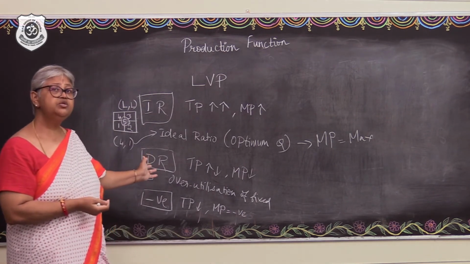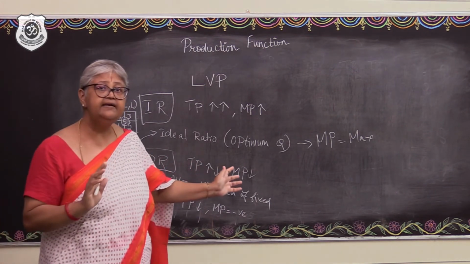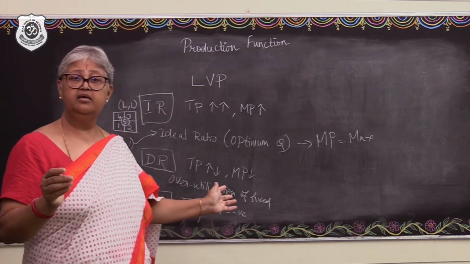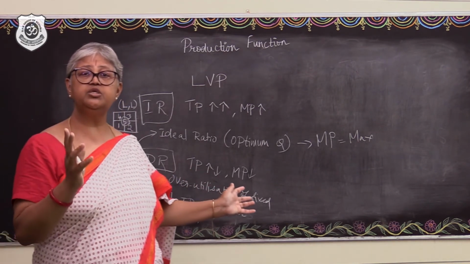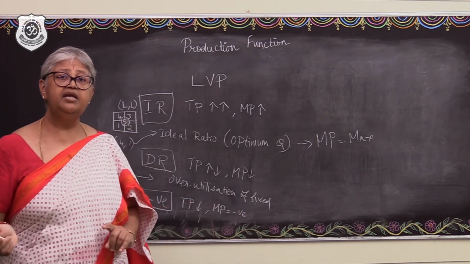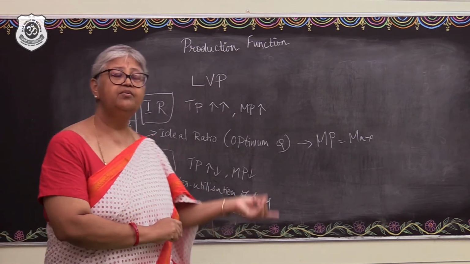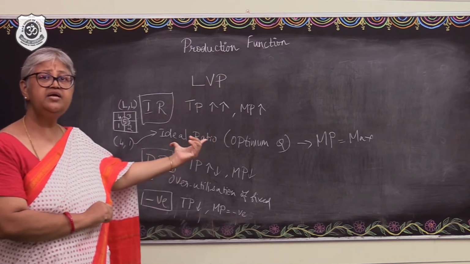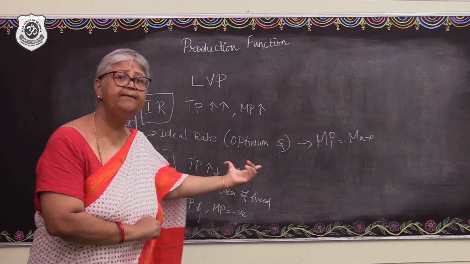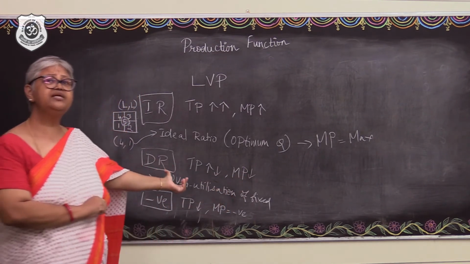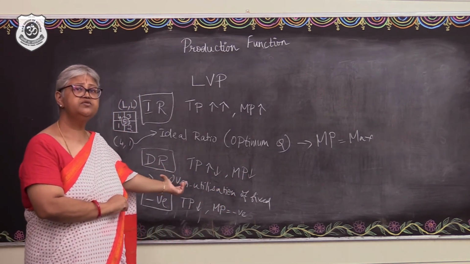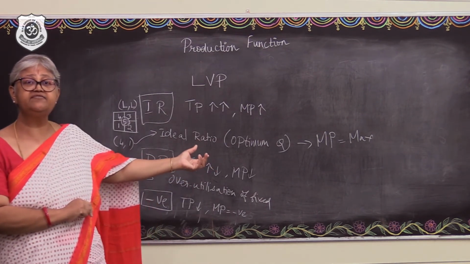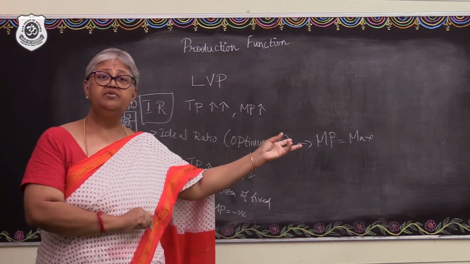That was the ideal ratio. The 5th person does not have a land, is going to sort of share the land with the others. So what's happening? There's going to be a poor coordination between the variable input and the fixed input. Why? Because we are trying to overutilize the land. Land is not there. Full utilization has already happened, and we are trying to make use of that land. The entrepreneur is trying to make use of that land more and more, which doesn't seem to be changing. The fixed factor versus the variable factor.